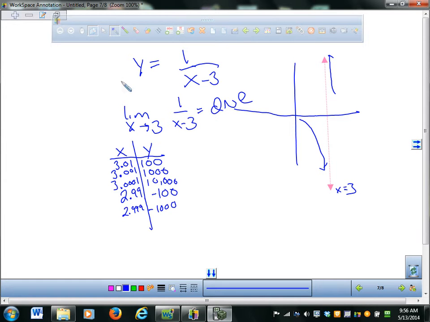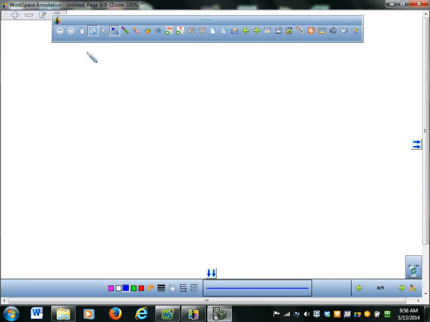And that's for something like y equals cosine x over x. So say I say find the limit as x goes to 0 of cosine of x over x.